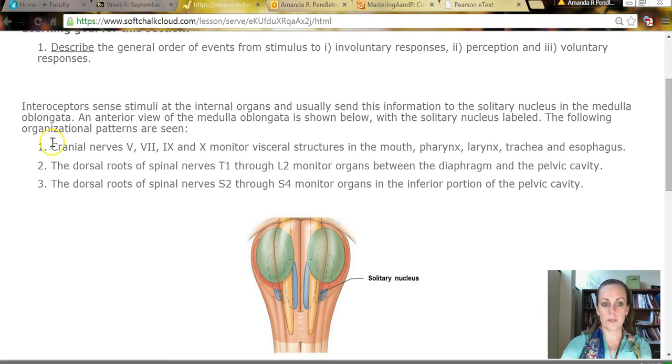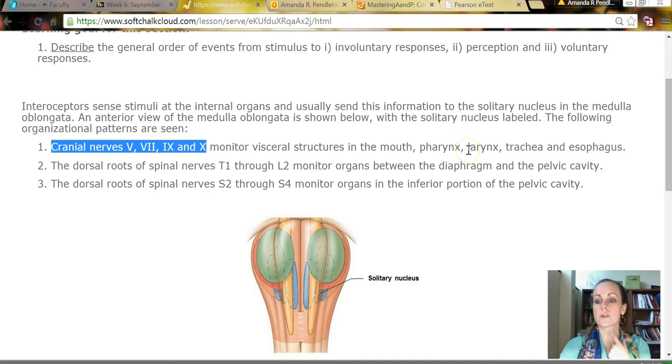monitoring internal organs. First, you're going to have these cranial nerves. So 5, which is trigeminal, 7, which is facial, 9, which is glossopharyngeal, and 10, which is vagus. All of these are going to monitor visceral structures located in the mouth. Okay. The pharynx, which is the tube you swallow, also air goes down that at the back of your throat.